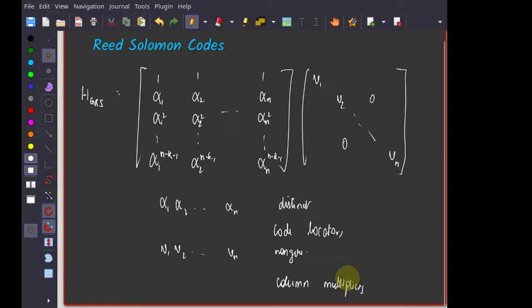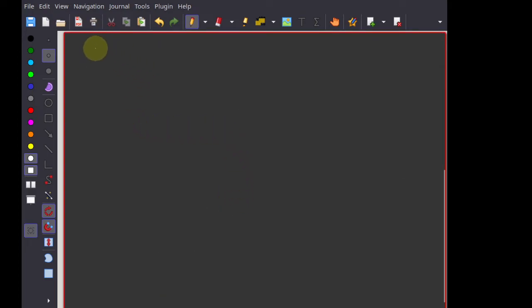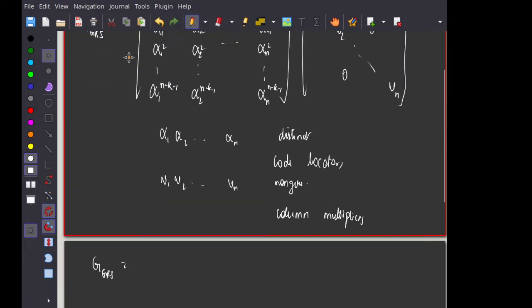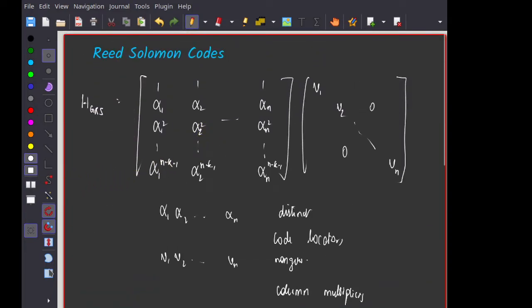A nice property of course, so we saw that Reed-Solomon codes are MDS, but also another nice property of Reed-Solomon codes is that the generator matrix also has the same form. So that is also equal to this times some other column multiplier matrix, but it has exactly the same set of code locators.